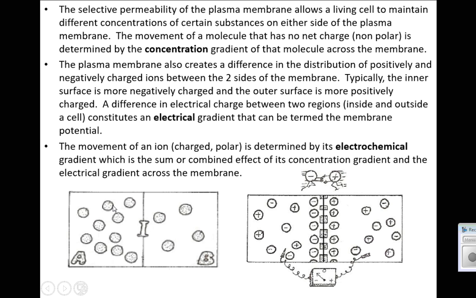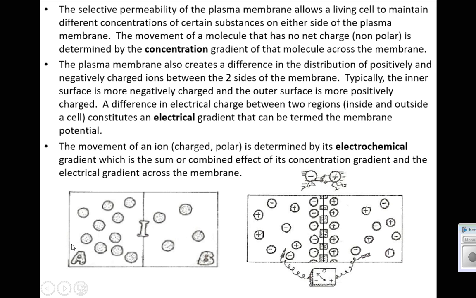So let's look at our figure here on the left side of the page. We've got some molecules. Let's just call these oxygen. And let's pretend that in this region of our figure, letter A, we're looking at the extracellular space, so outside of the cell. Here's our plasma membrane that separates the outside of the cell from letter B, which is the inside of the cell. Now, you guys can go through and count, but it's pretty obvious that there's a difference in number here and here.